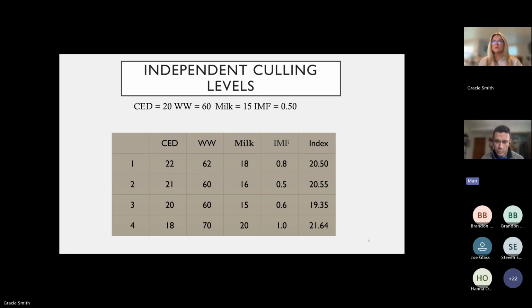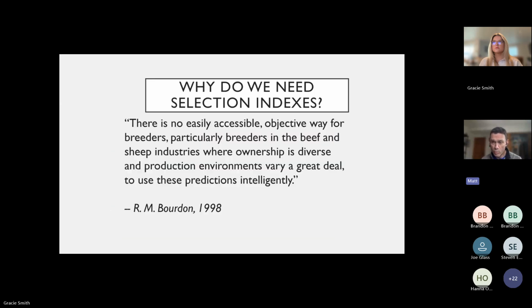So independent culling levels, if you strictly adhere to them, kind of assume that every trait is equally important, and that's not true as we're thinking about traits' impact on profit. And it doesn't allow superiority in one trait to offset some potential minor flaws in other traits. So independent culling levels can lead you to suboptimal decisions.